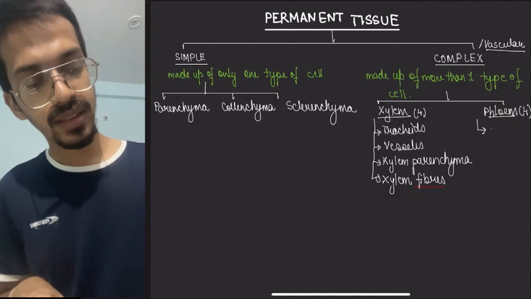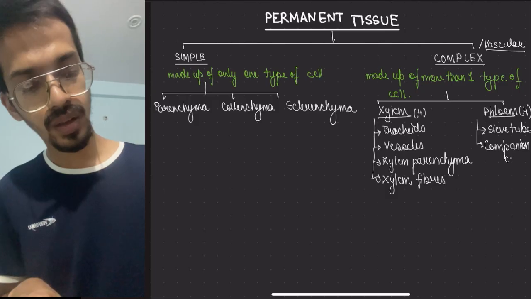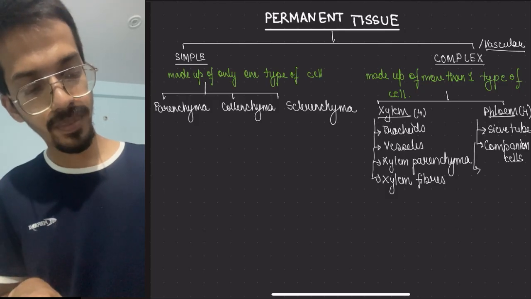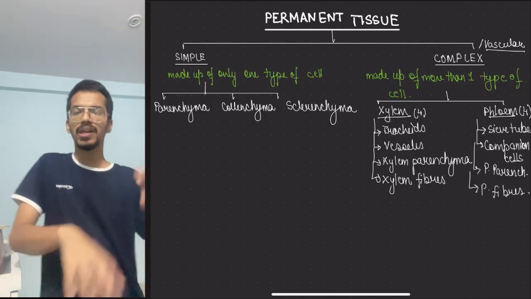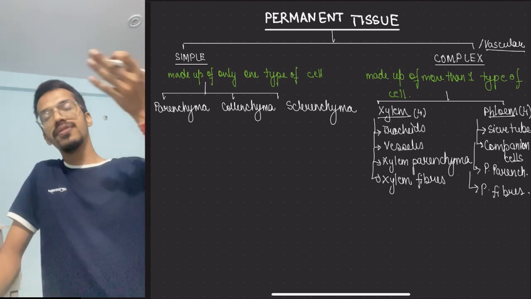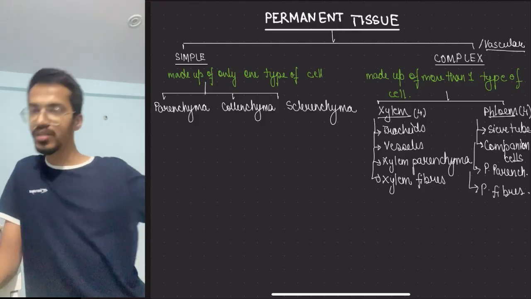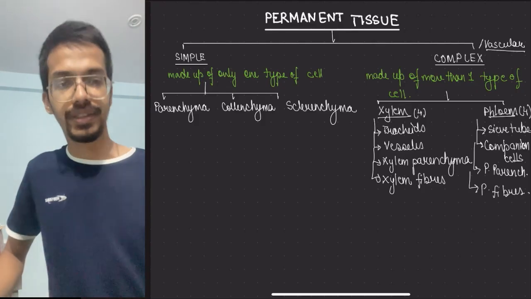We have sieve tubes, companion cells, phloem parenchyma, and phloem fibers. Easy to remember: the parenchyma and fibers are present in both of them. The tough ones are tracheids and vessels, sieve tubes and the companion cells. Read again and again, you will remember it.